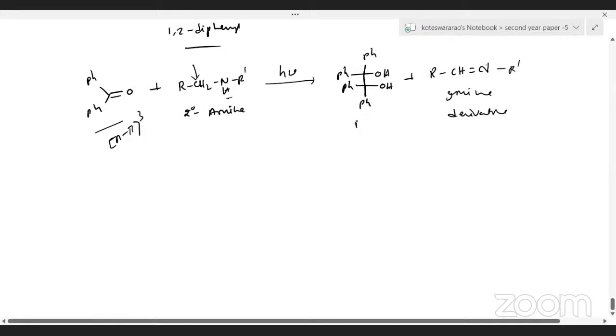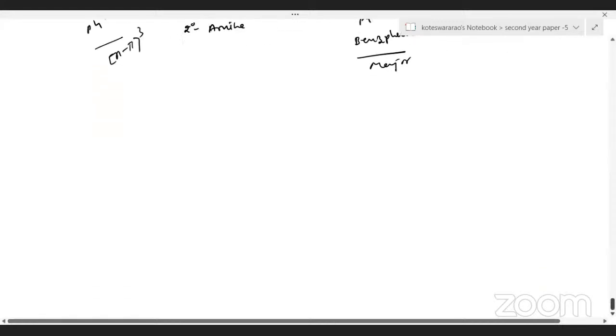This is the benzopinacol. This is the major product. This imine derivative is automatically obtained from whatever secondary amine is used as the reactant. Okay, this is the secondary amine mediated benzophenone photoreduction reaction.